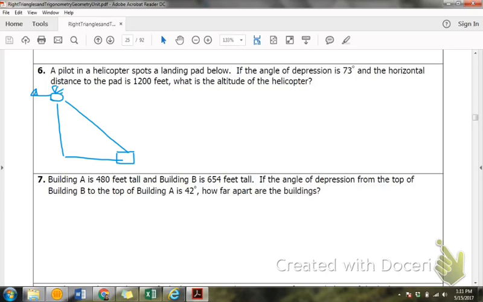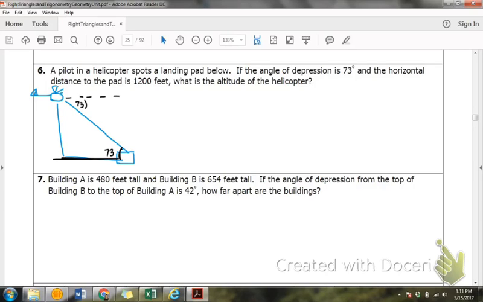The angle of depression, remember your angle of depression is really right here, right? This is 73. But we know we actually can go inside and say that this is 73. The horizontal distance means what piece? The bottom, the side, or the hypotenuse? Horizontal means this, right?